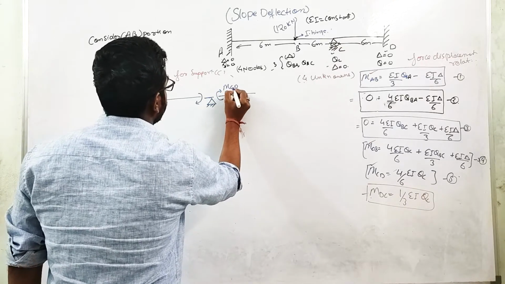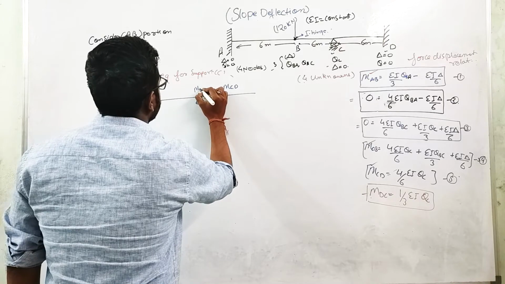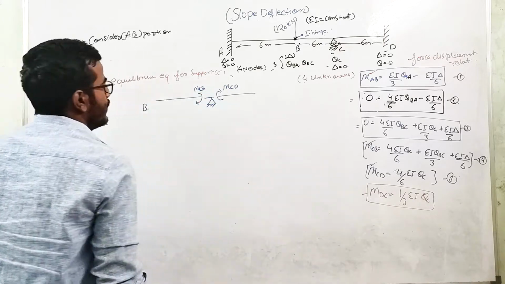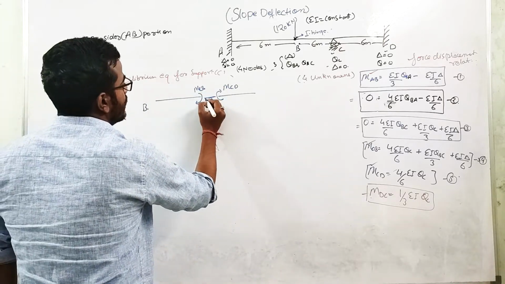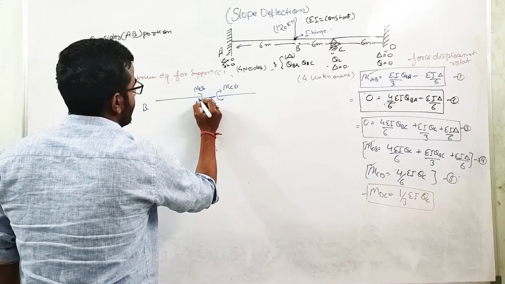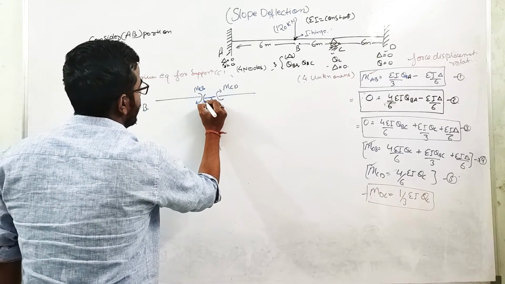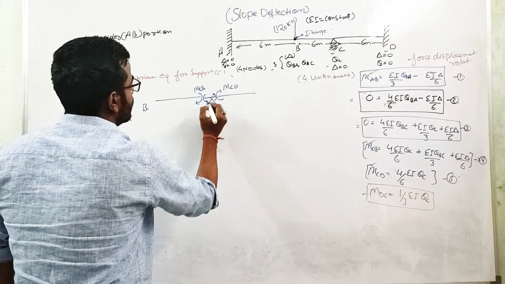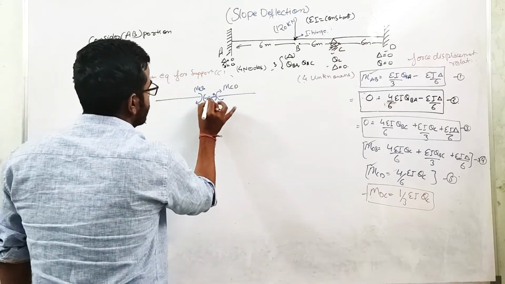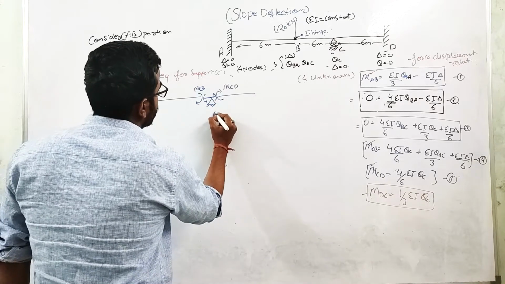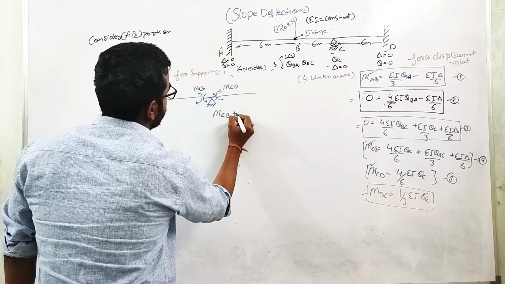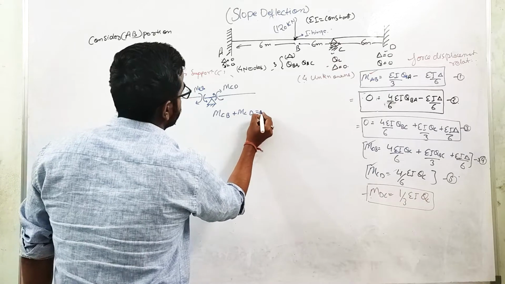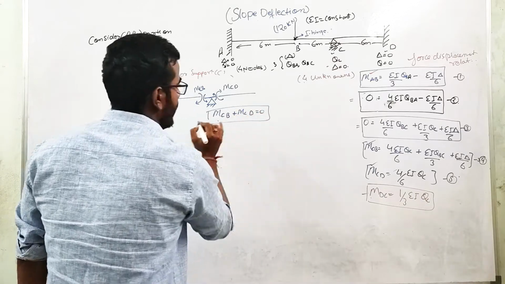This is M_CD, and this is M_CB. Now at this support, due to continuity of the beam, if this is clockwise, there will be an anti-clockwise moment, and again there will be some anti-clockwise moment. So for the equilibrium of this support, I can write M_CB plus M_CD equals 0.